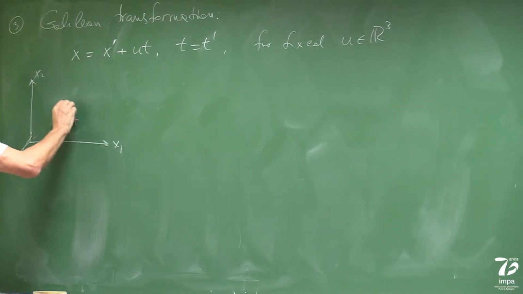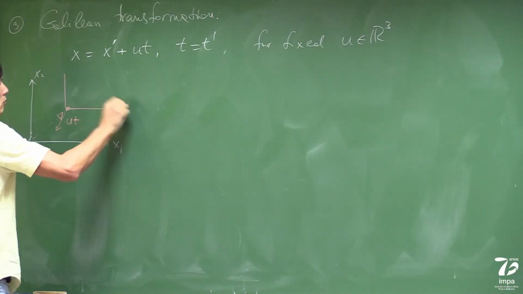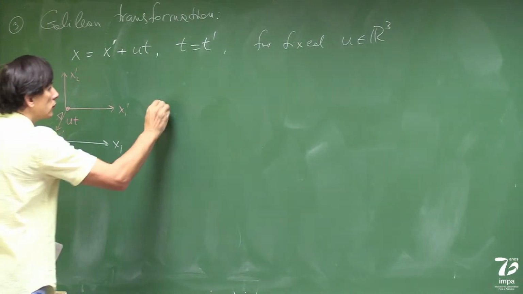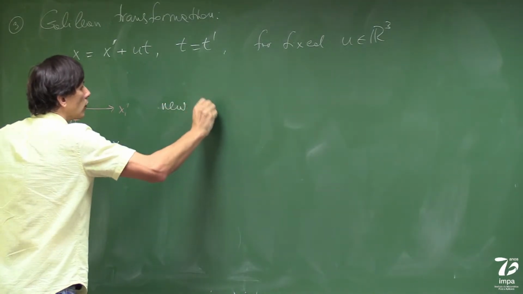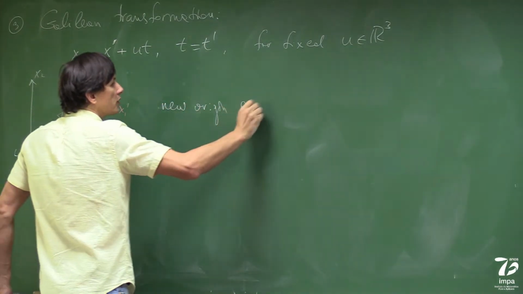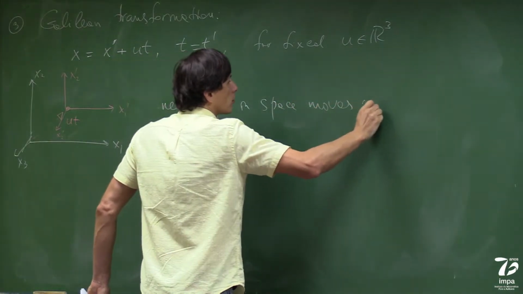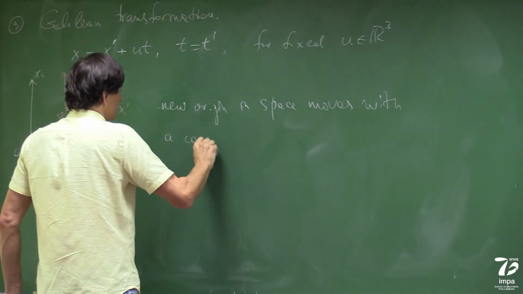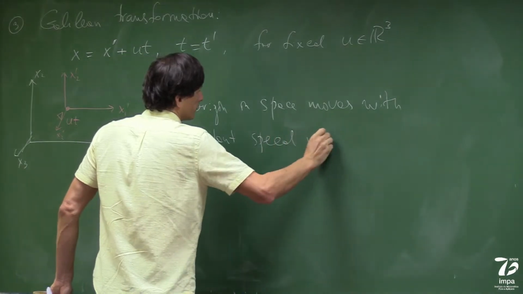So the new origin in space moves with a constant speed u.